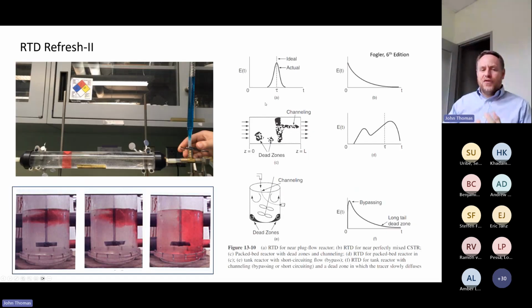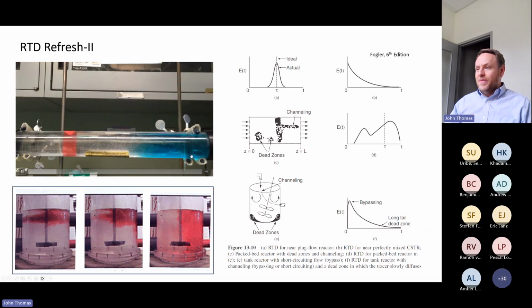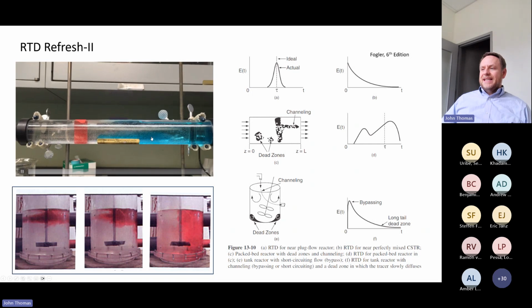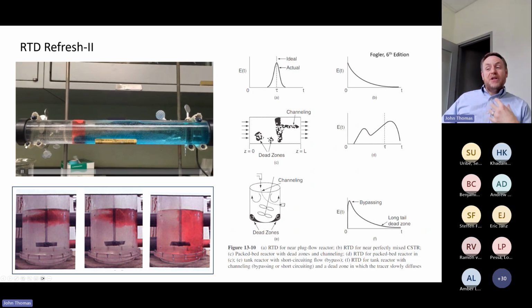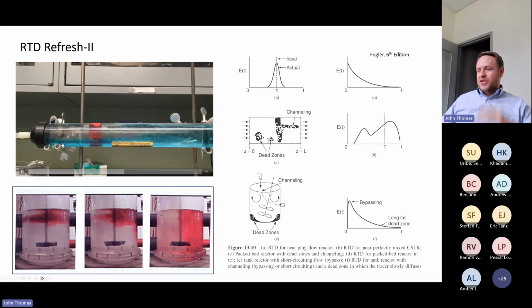And so the nature of the RTD is commonly used to infer physics of what's going on inside the vessel. If anyone wants, I can send a link to this video on YouTube. It's pretty cool, where they do a series of experiments looking at different sorts of RTDs, which they use to infer what's going on inside the vessel. This is simple plug flow with dispersion, as it were.